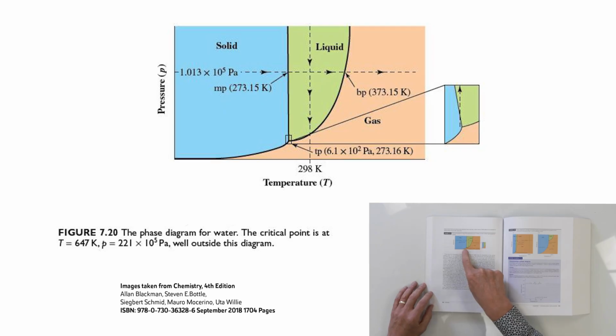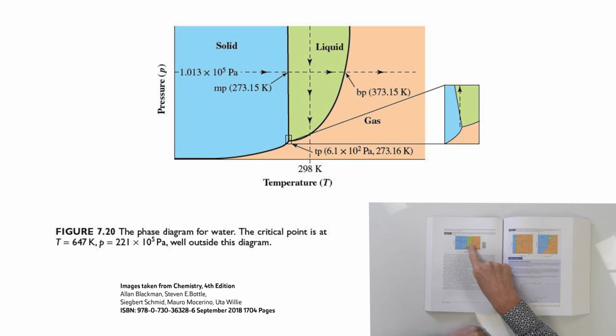So in the video on phase diagrams, we talked about the fact that these lines on a phase diagram are equilibrium lines, okay? So what does that mean? It means that at any point, for example, along this line here, the equilibrium line between liquid water and water vapor, the two phases are in equilibrium.